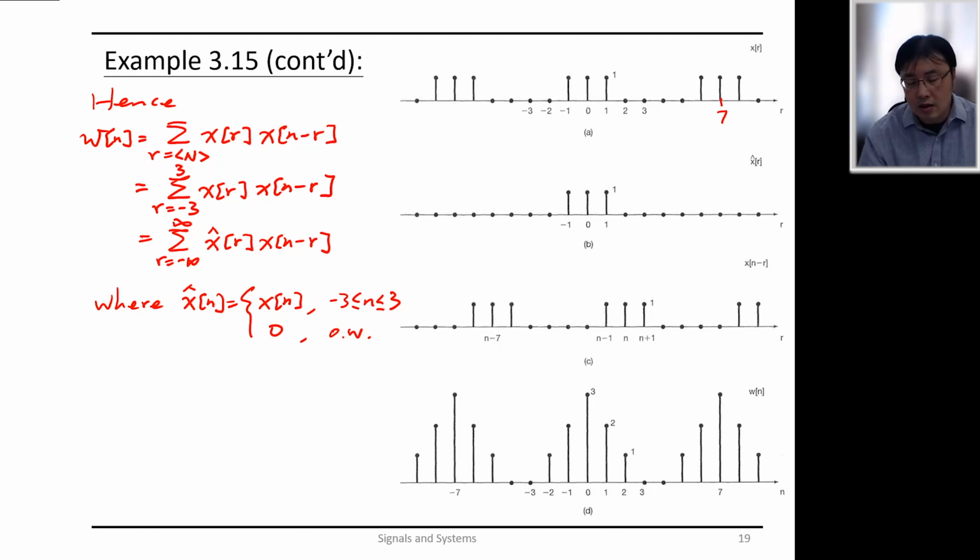The reason for doing that is that then we have x hat of r that looks cleaner, and we don't have to worry about what happens in other areas of the time index. Then we take x hat r and convolve it with x of n minus r, that is flipped around and shifted with the center at time n.